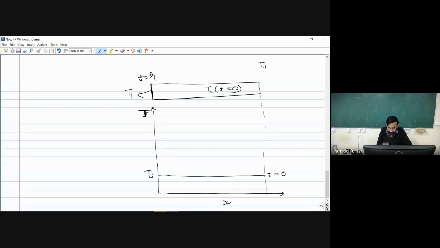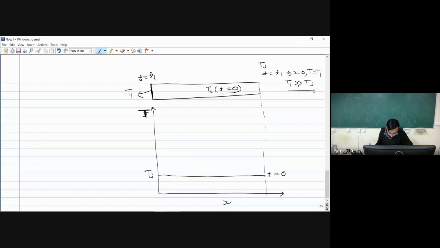Now only one face, suddenly at t equal to t1, at x equal to 0, I have imposed the condition T equal to T1, and T1 is very large in comparison to the initial temperature Ti. So I have immediately added some highest temperature condition over here.